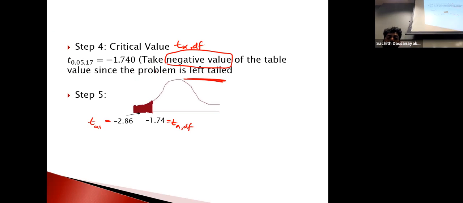According to this figure, you can see your T cal value, or simply T value, is less than your T 0.05 comma DF, which means it is inside the rejection region. Inside the rejection region.